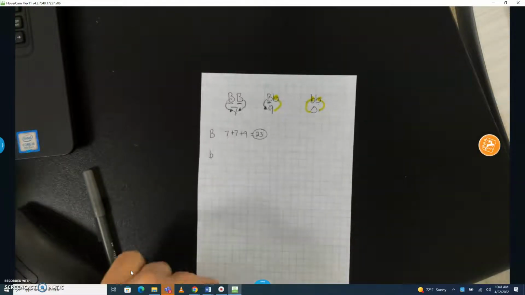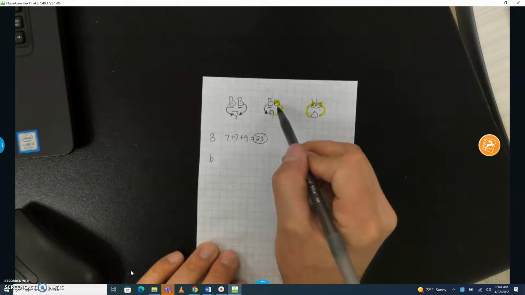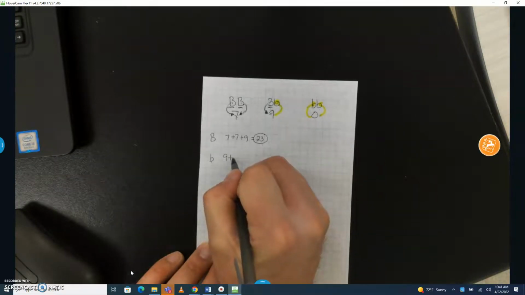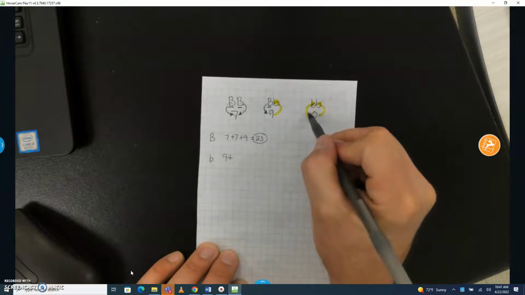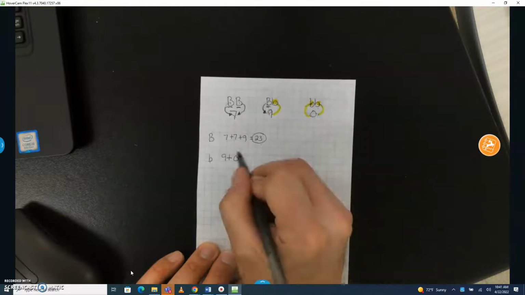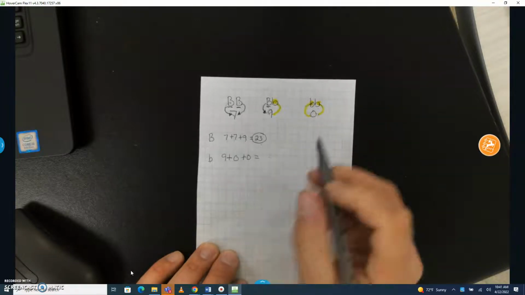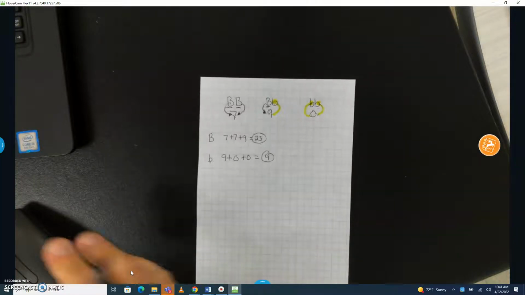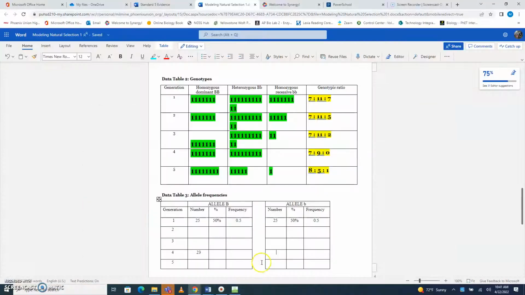Now we can add up all of our little b's. This little b is attached to 9, this one to 0, and this one to 0. And that adds up to 9. That number is what I put right there.